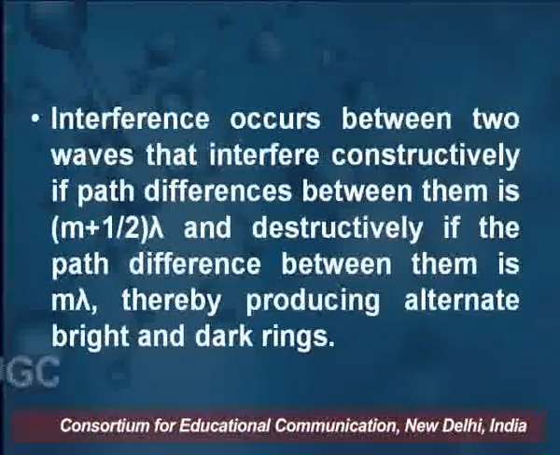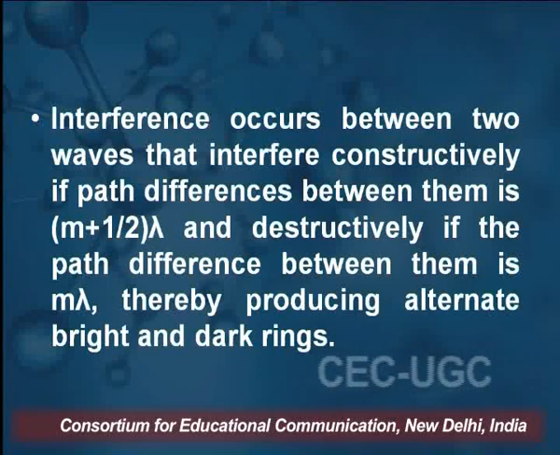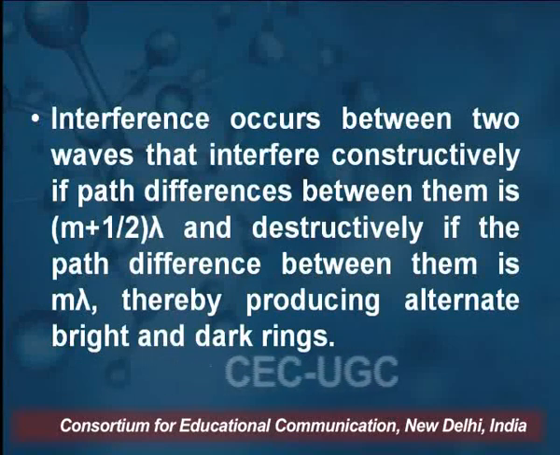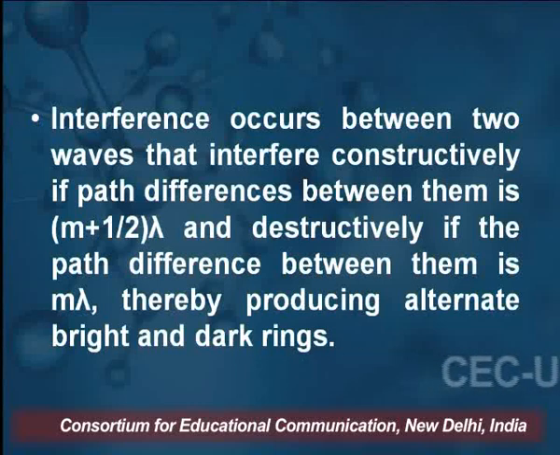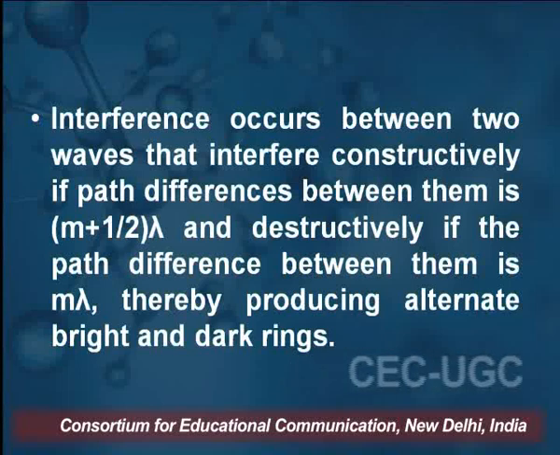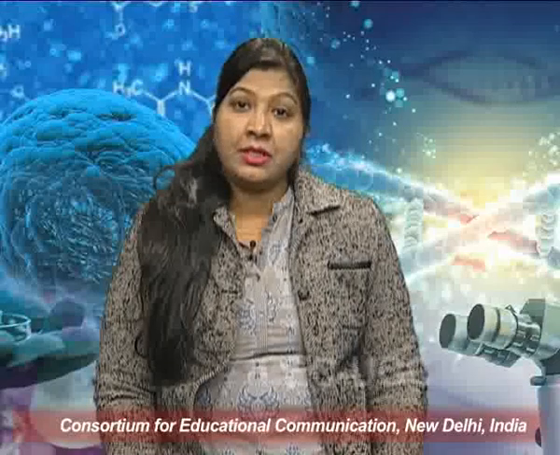Interference occurs between the two waves, which interfere constructively if the path difference between them is (m + 1/2) lambda, and destructively if the path difference between them is m lambda. Sometimes it is written as n lambda or (n + 1/2) lambda, thereby producing alternate bright and dark rings. So in Newton's ring, we get alternate bright and dark rings in the form of concentric circles.